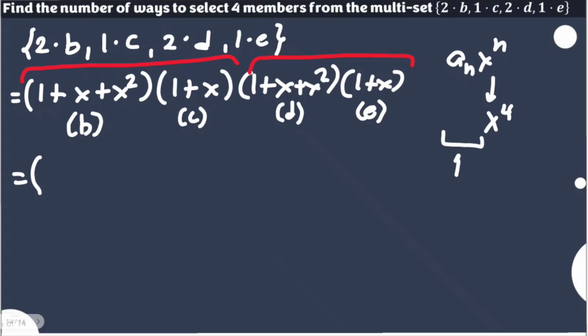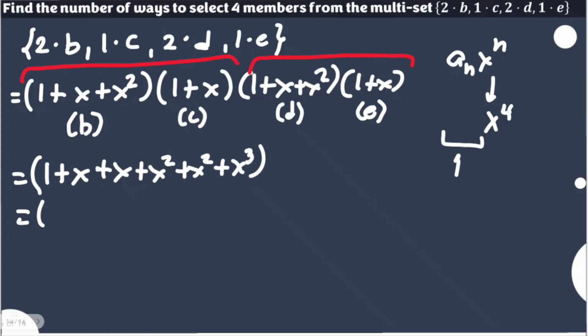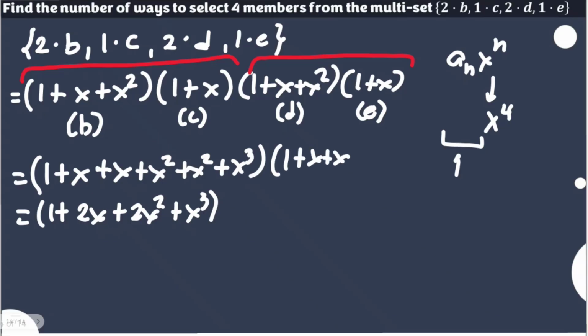So 1 times 1 is 1, 1 times x is x, x times 1 is x, x times x is x squared, times 1 is another x squared, times x is x cubed. So we'll have here 1 plus 2x squared plus x cubed, which is also similar for the second pair, because then again we have the same components multiplied to one another.